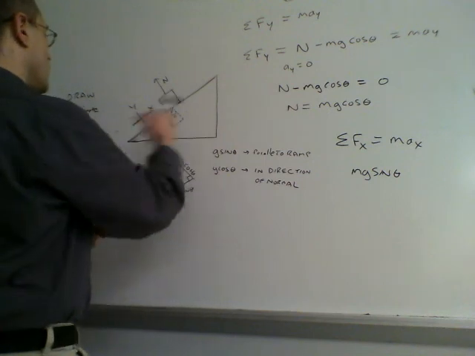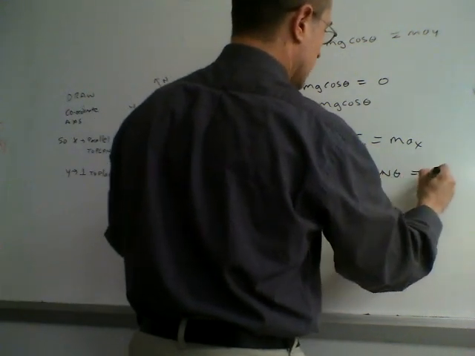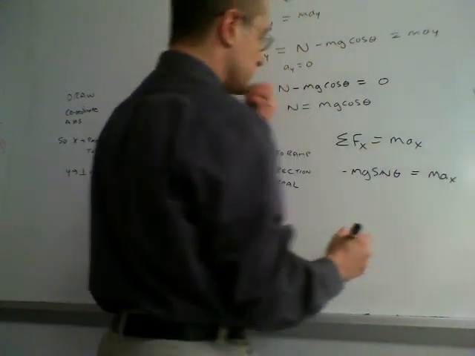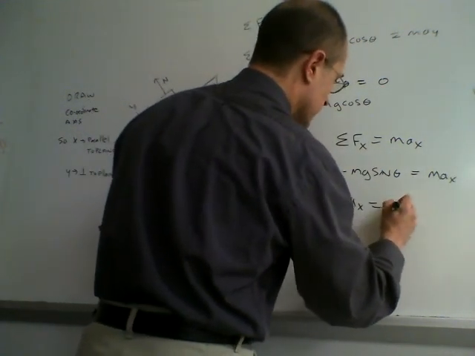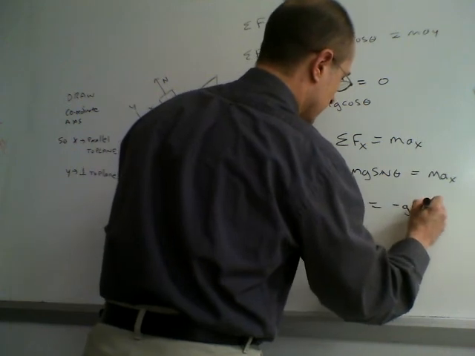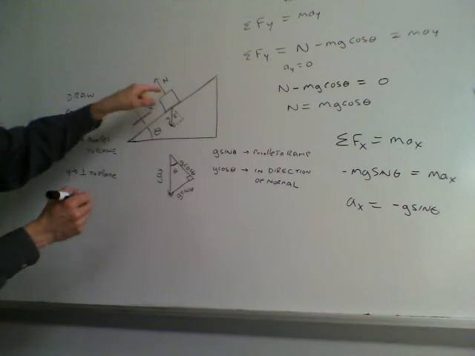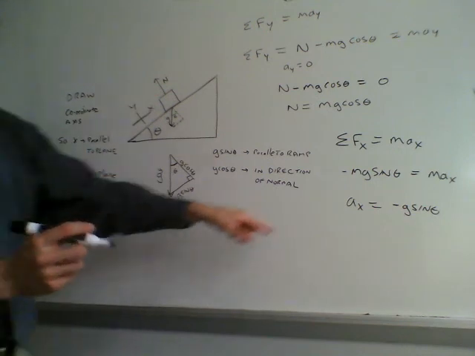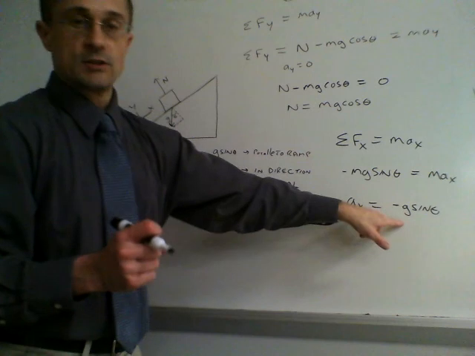Since that's in the negative axis, negative mg sine theta equals MAX, and so AX is minus G sine theta. The object is being pulled in the negative x direction, and that would give our acceleration a negative value.